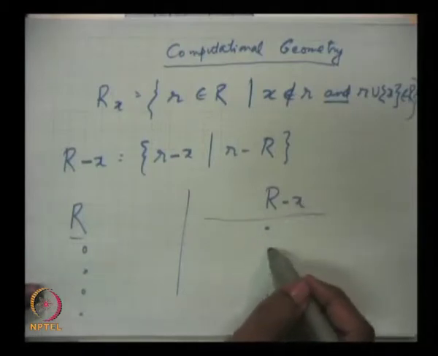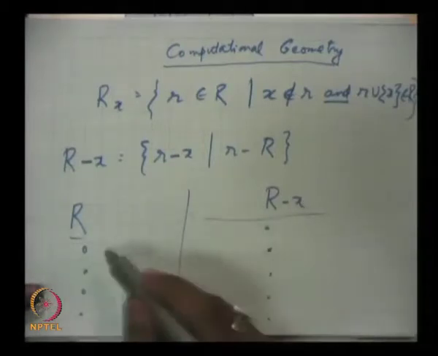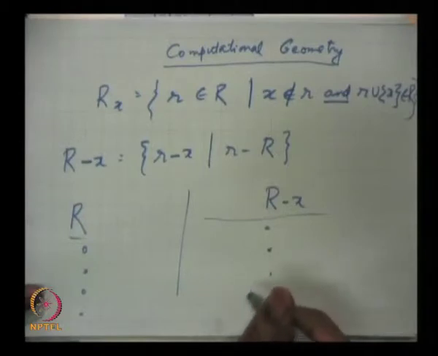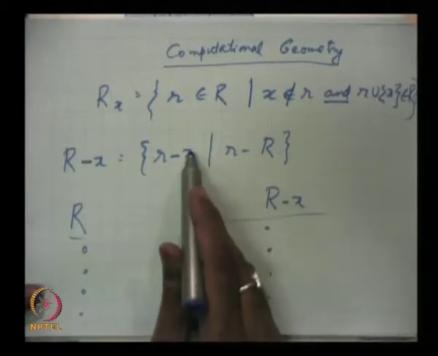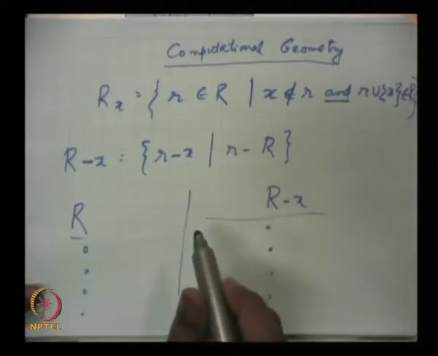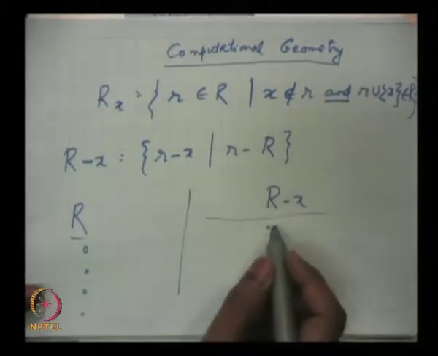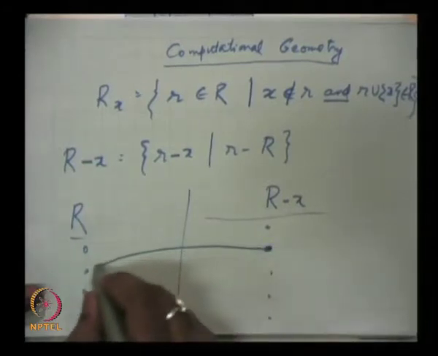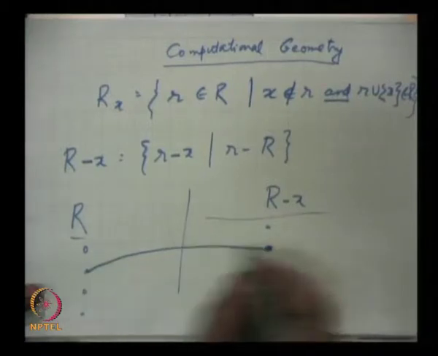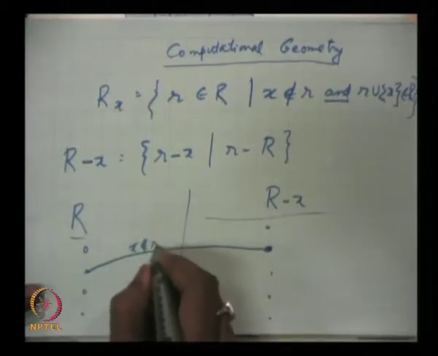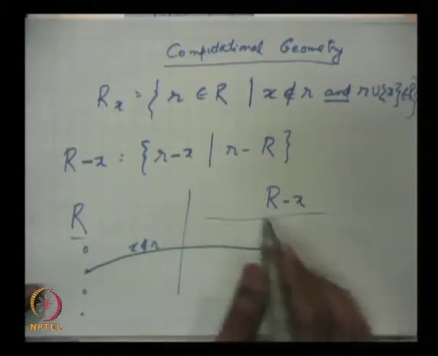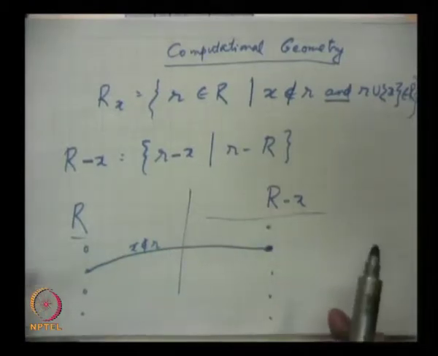Now, can we define some kind of mapping between R and R minus X? See, X may or may not belong to the range, right? So if X does not belong to R, it has an easy counterpart, R minus X and R are the same.